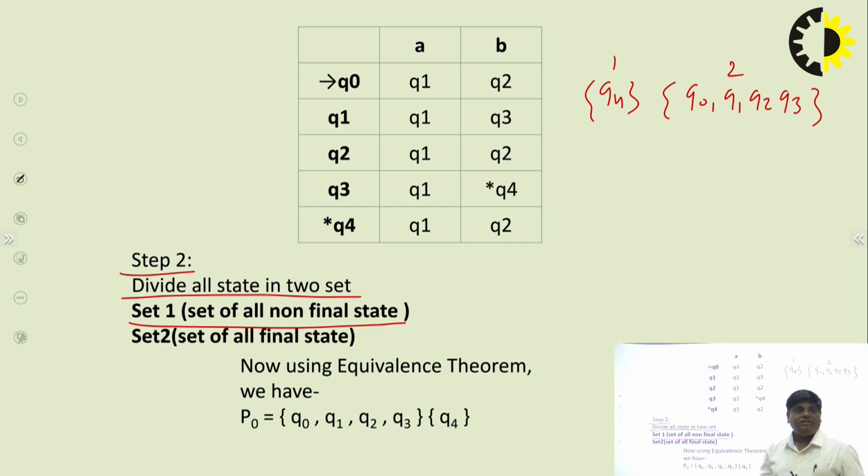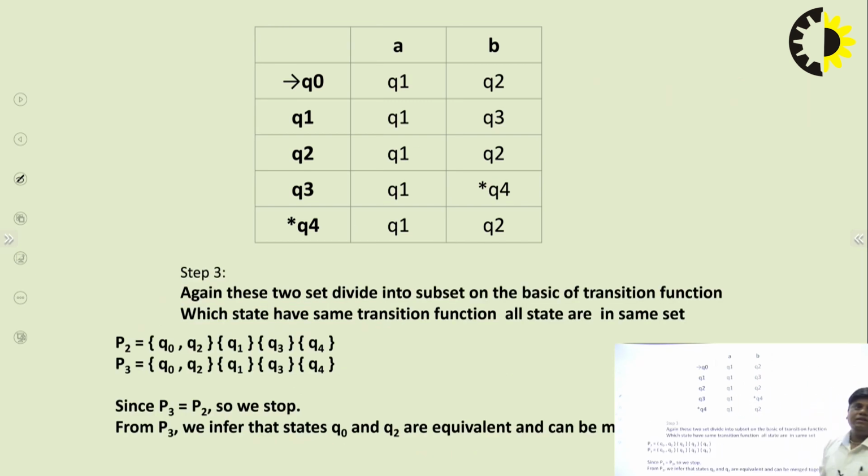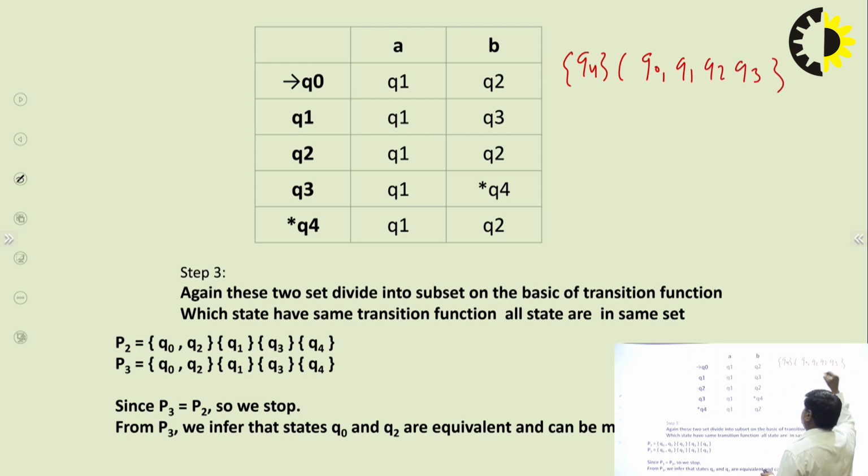In step 3, these two sets, Q4 and Q0, Q1, Q2, Q3, are again divided into subsets on the basis of the transition function.